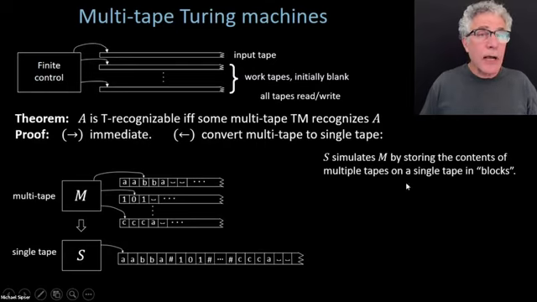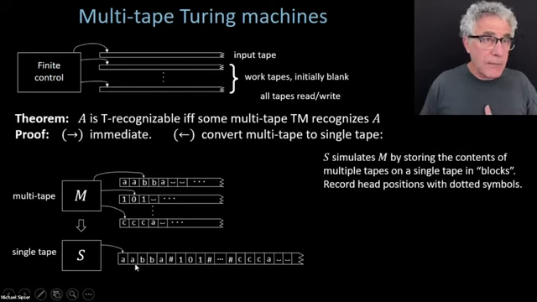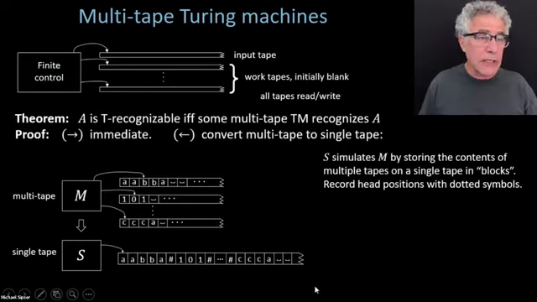Okay, so now how do the actual steps of the simulation by the single tape machine go? First of all, besides storing the contents of each of the tapes on S's single tape, there's some additional information that it needs to record.